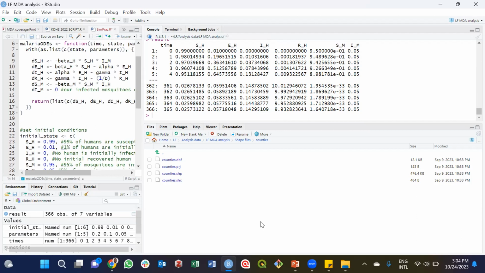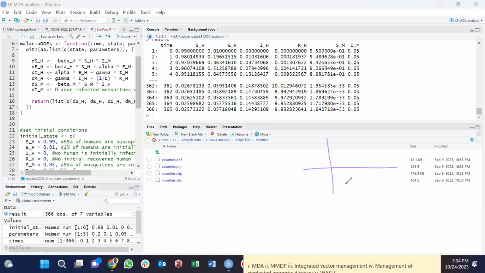So if you have a Cartesian plane, let me draw it this way, how we used to. We've said that the change in the number of mosquitoes over time is 0.